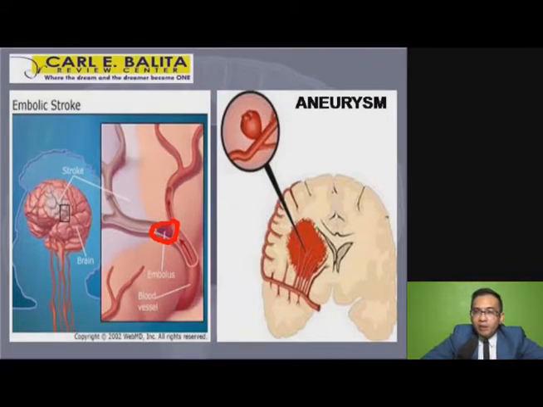But when we talk about an embolic stroke, it is defined as a dislodged blood clot. So, it means there is a blood clot that is from the other parts of the body. Say, for example, a deep vein thrombosis that traveled going to the brain. That is what we call now your embolus. So, again, an embolus is a dislodged clot. And usually, it affects young adults, okay?